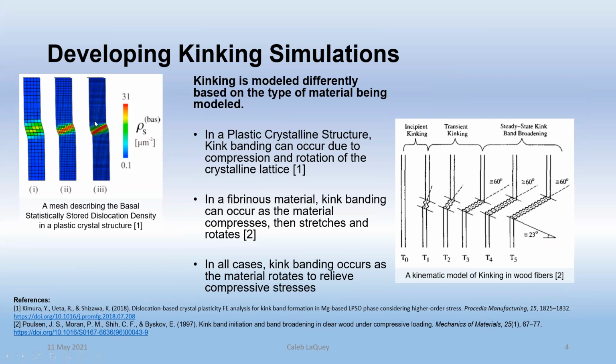So you have this demonstrated on either side here. Here we have a plastic crystalline structure, compresses and then rotates. And then over here we have a fibrous material where in the three different stages of that, the material is compressed, but then not only does it rotate, it then stretches once again. In all cases, kink banding occurs as the material rotates to relieve compressive stresses, and it does so instead of buckling, which is primarily the alternative to kinking.